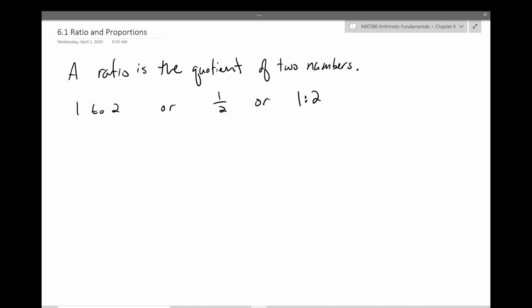So if you were traveling, let's say, 25 miles per hour, well, that is a ratio, okay? And that ratio looks like this: 25 miles per 1 hour, meaning that if you were to travel for 1 hour in your car, you would travel 25 miles, okay?